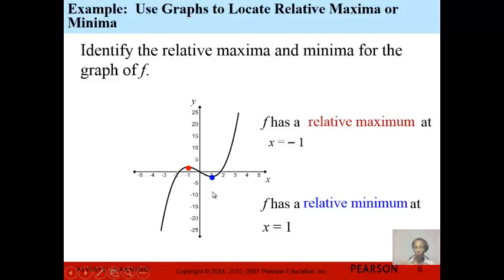So we would need a little more information to be able to determine what the actual extreme values are here.